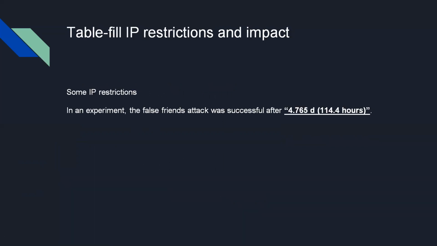The attacker has some IP restrictions to perform this attack. Surely there's an impact due to these restrictions. In an experiment, the false friend attack was successful after around 4.7 days or 114 hours. As you can see, this is a very relevant attack to check.